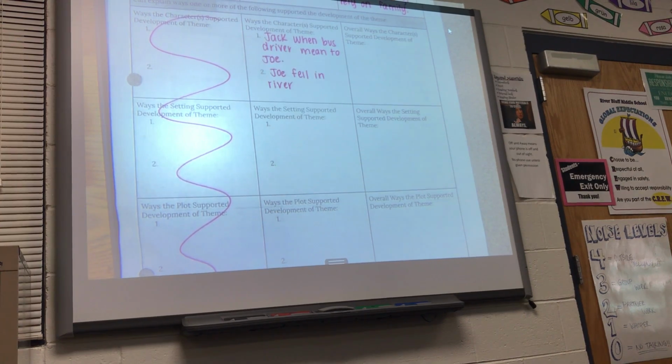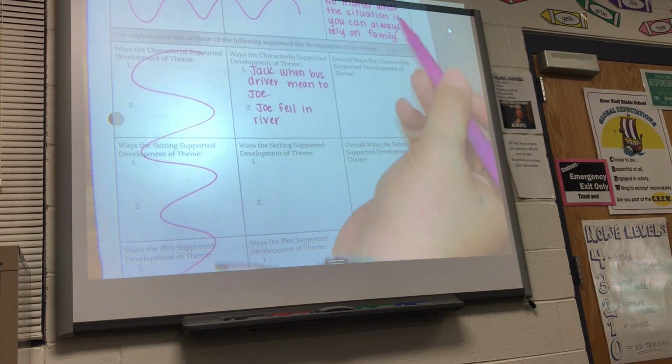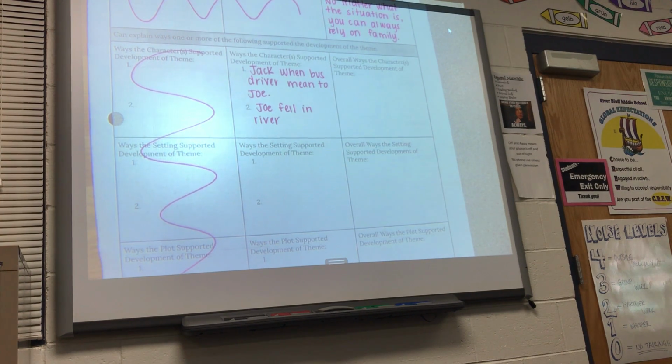So what are some ways that the setting supported the development of, no matter what the situation is, you can always rely on family? There's a big one. Joseph moves to Jack's house. Okay. Joe moves to Jack's house.